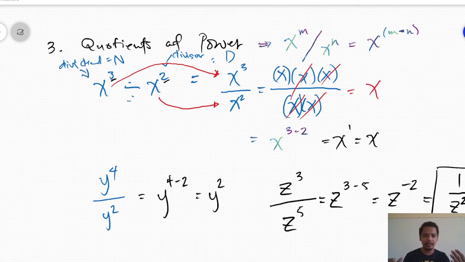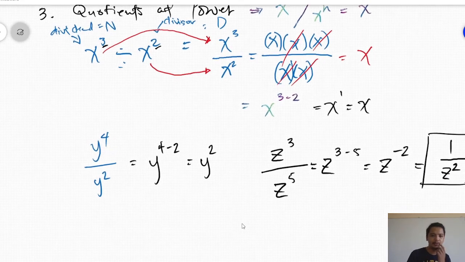And by definition of polynomials, 1 over z raised to 2 is not a polynomial. Pero may cases na ganun. But not necessarily laging mas mataas yung exponent nung nandun sa ating numerator or dividend kaysa sa denominator or divisor natin. Okay? So, yan.